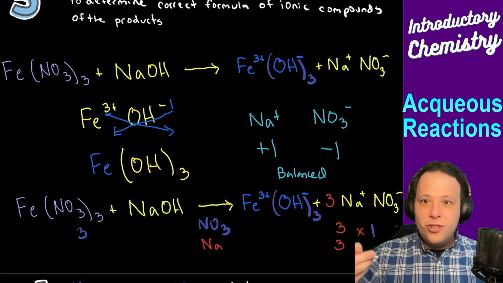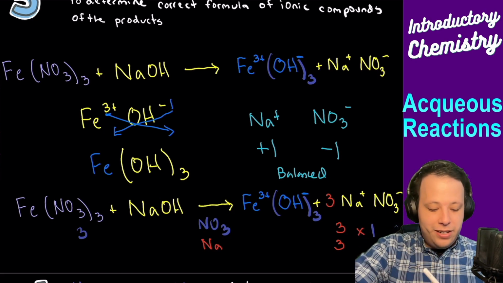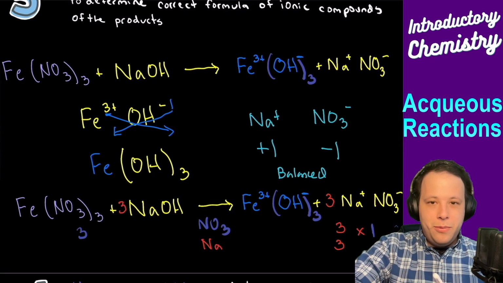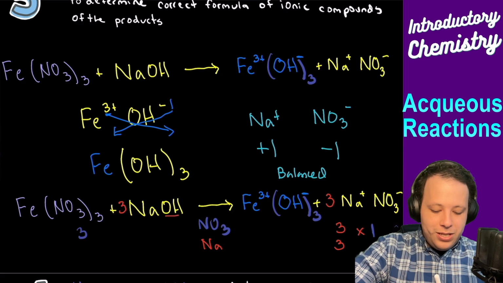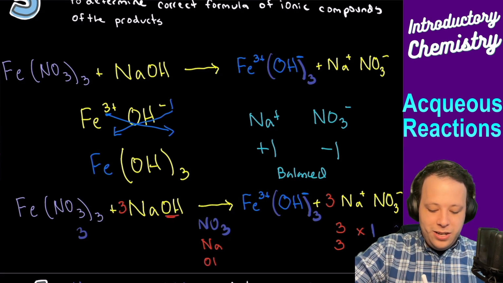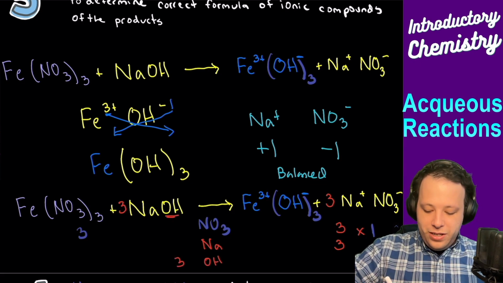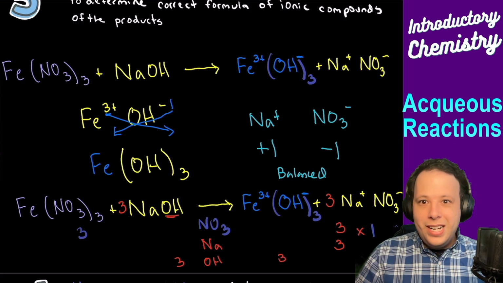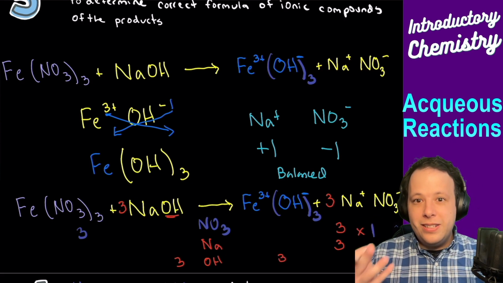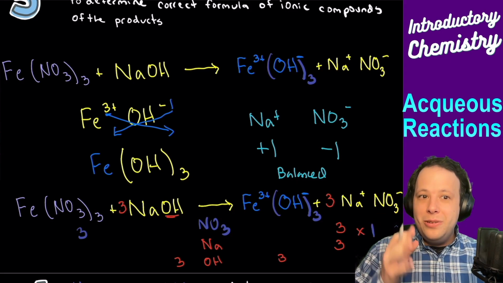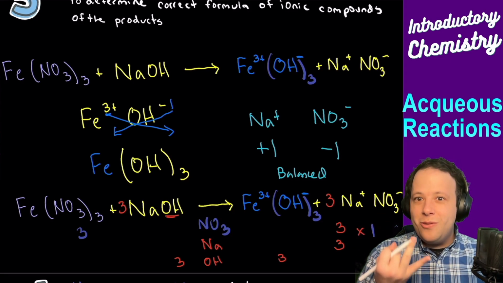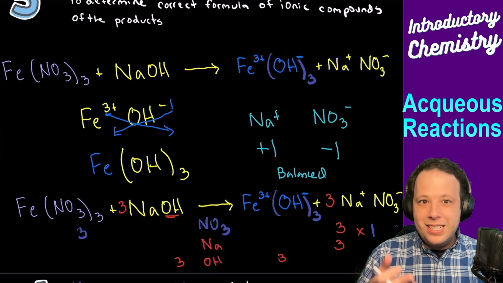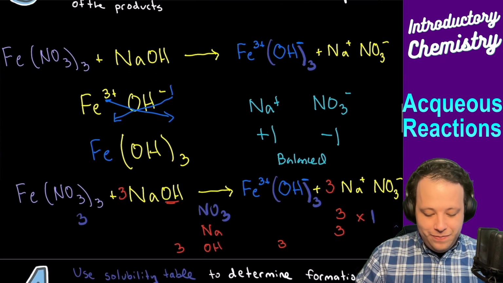How can we zigzag going back and forth? We can put a 3 on the left side to balance that. As a result, that also adds 3 OHs, which is already balanced on the right-hand side, and iron's balanced too. So we have to do many different steps in this reaction: predict it, write out our ions, and balance it to go through our reaction.